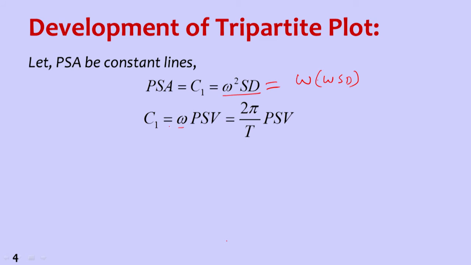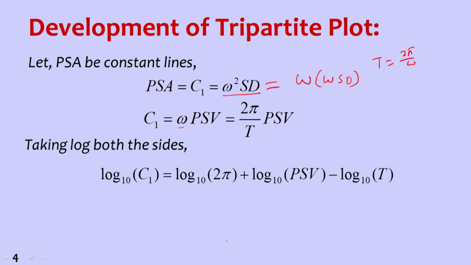So C1 is equal to omega into PSV. This omega can be written as 2 pi by t, since we know that t is equal to 2 pi by omega. Using this relation we write C1 equal to 2 pi by t into PSV. Then taking log on both sides, log to the base 10 of C1 is equal to log 2 pi plus log to the base 10 of PSV minus log to the base 10 of t.